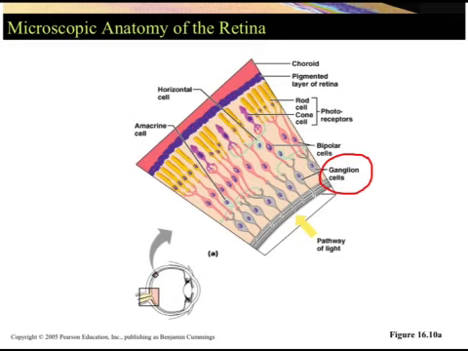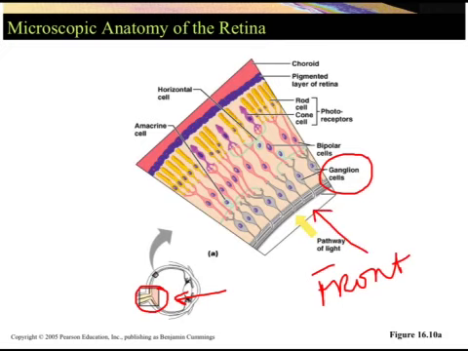Because we're looking here from this perspective, and we're looking at it from this angle. So we're looking at it from the front. This would be the front over here. And the pathway of light, obviously light is going to be hitting the retina over this way.